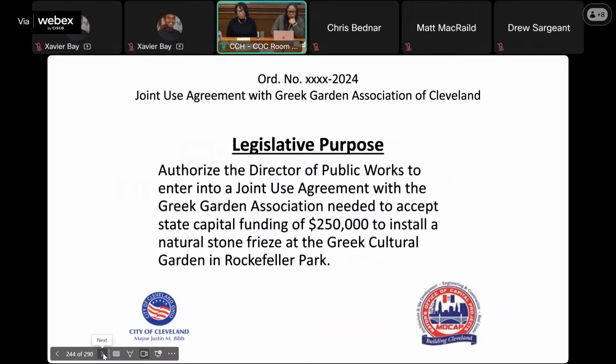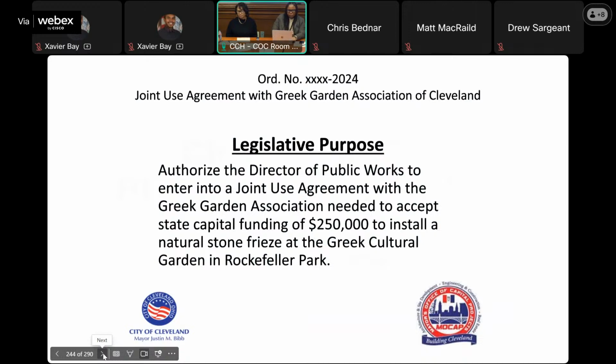Now the association has raised funding and has received a grant, which will be administered through the Ohio Department of Natural Resources, which will help bring to fruition this wonderful public art piece. And ODNR requires that the city, as property owner, enter into a joint use agreement with the association in order that they can accept the funds and spend them on city property. And I'll let Jim say a few comments if he wishes to.